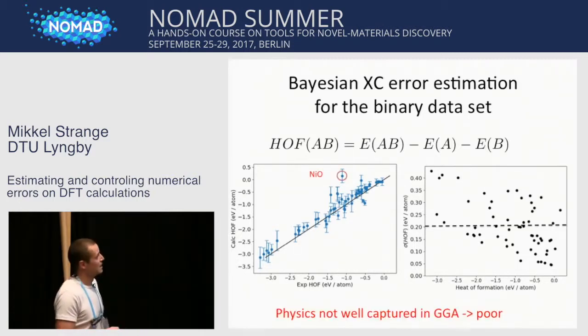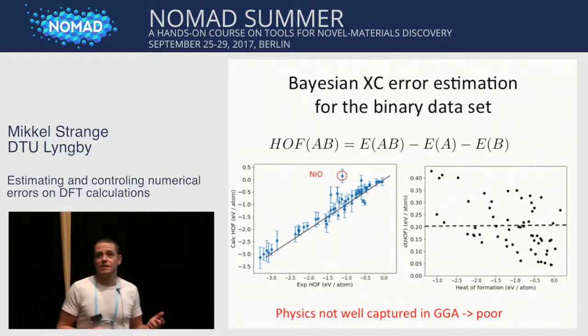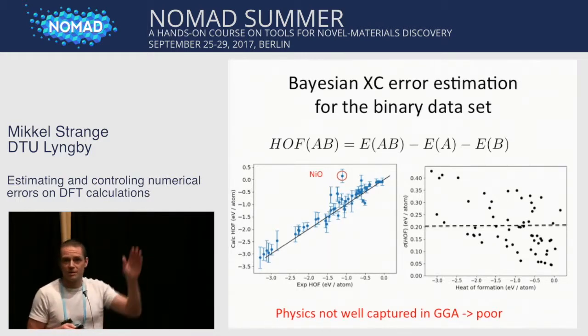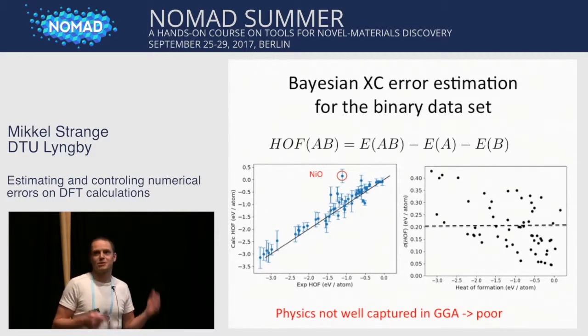I should say that the ensemble is very simple, so, for example, this system up here is very far off, and we don't do a very good prediction of the error bar. As soon as you have some physics that's not in the functional, like van der Waals, you cannot really probe it with this ensemble of functionals, and you cannot predict a good error. I think that's okay, because if you could do that, you probably also know how to make a much better functional.